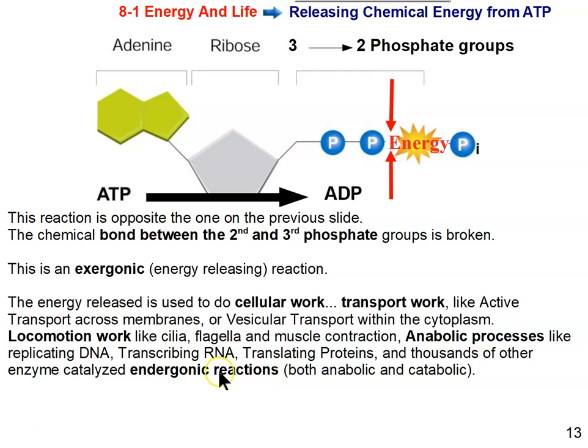Any cellular reaction or cellular work that needs to be done is carried out using ATP. So these could be either anabolic or catabolic, because it can require energy to break things down too. So catabolic processes can require ATP just like anabolic processes do. Any endergonic reaction.